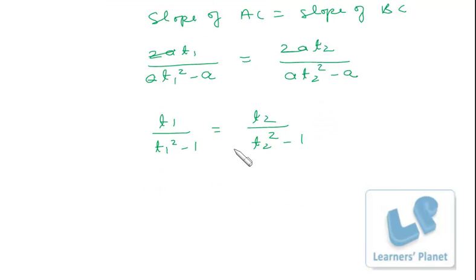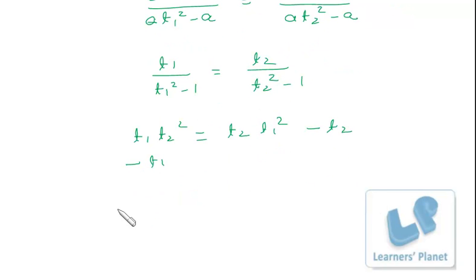Now just go for the cross multiplication. t1 t2 square minus t1 is equal to t1 square t2 minus t2.